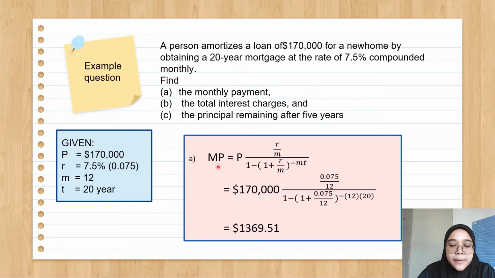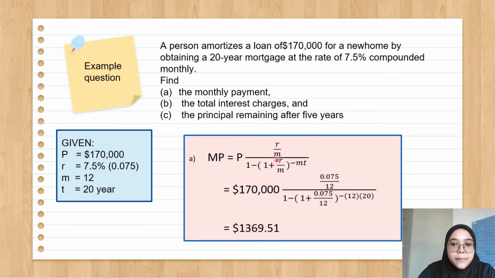Monthly payment equals the principal, which is $170,000, multiplied by R over M, where R is 0.075 and M is 12, over 1 minus 1 plus R over M, with R as 0.075 and M as 12, to the power of negative MT, where M is 12 and T is 20.